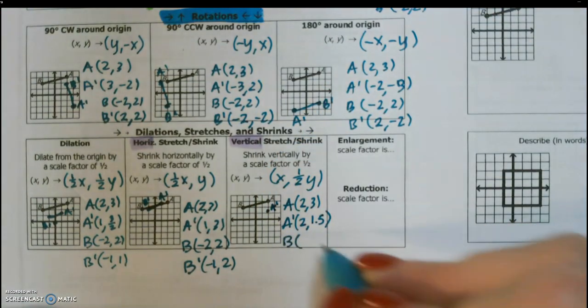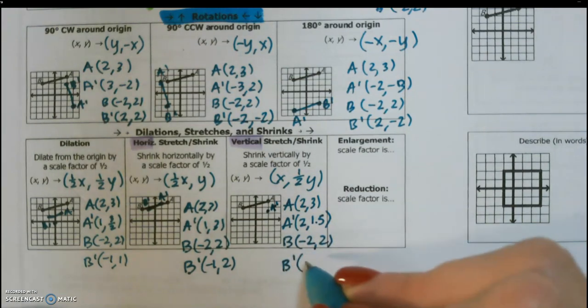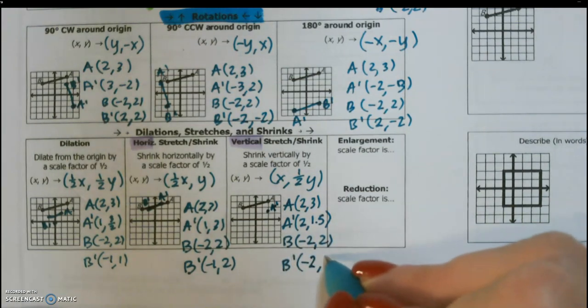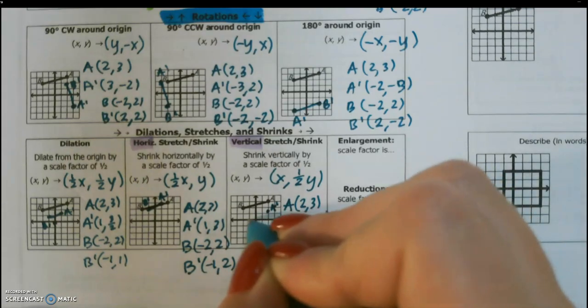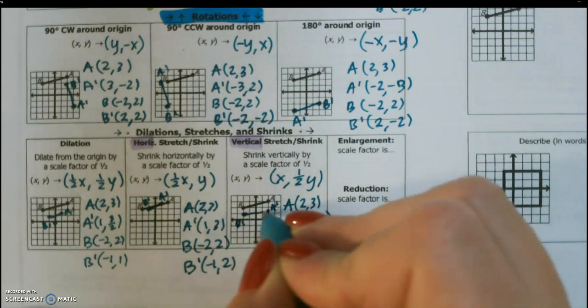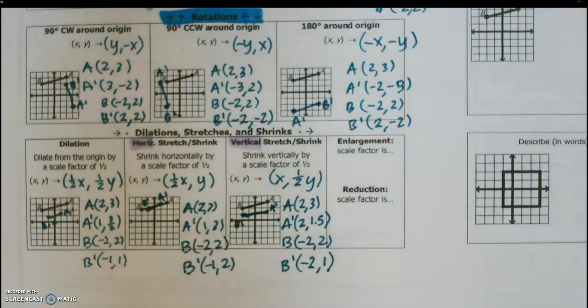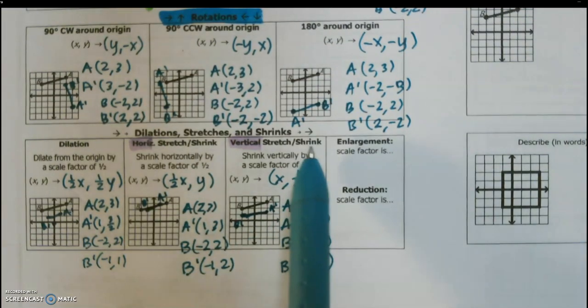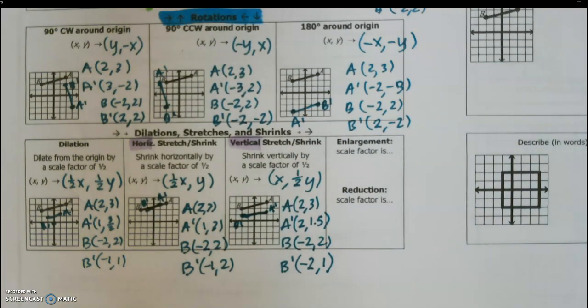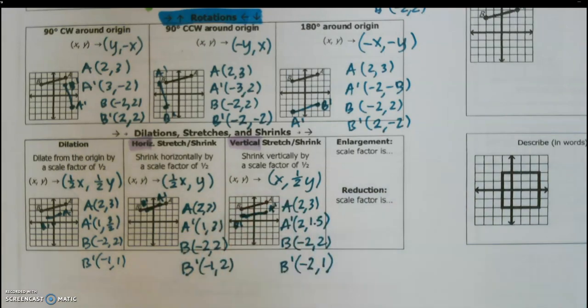And then your B is originally at -2, 2, which means your B prime is going to be at -2, 1. -2, 1. Okay, notice this shrunk closer to the center of stretch, which is the origin, okay, but it did not shrink horizontally, just vertically.